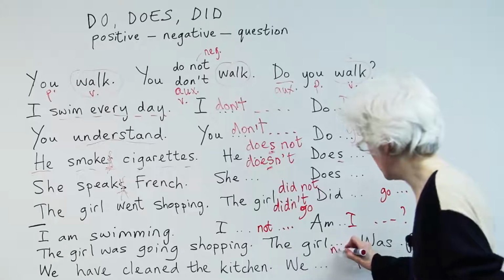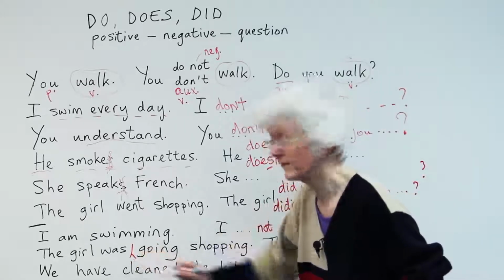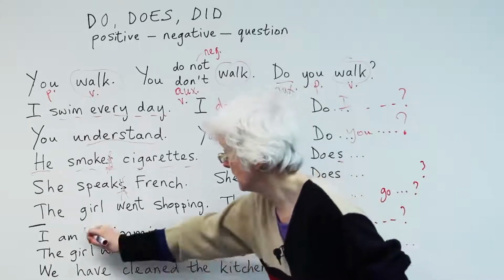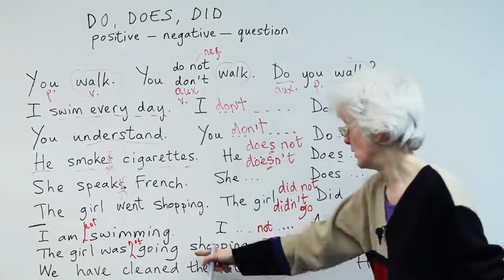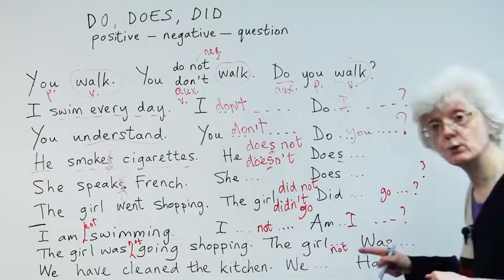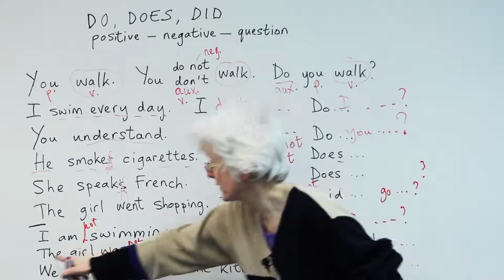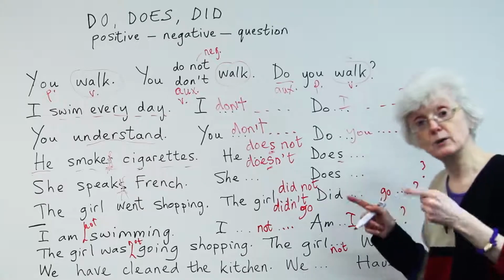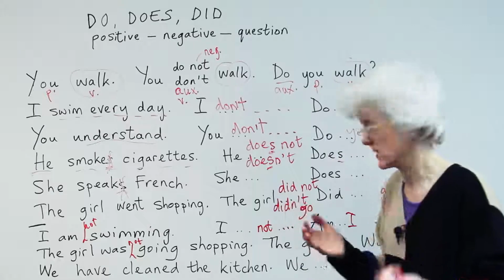So all you're doing is putting not in for the negative. The girl was not going shopping. And then for the question, we just change the word order. Was the girl going shopping? No need to add any do or does or did.